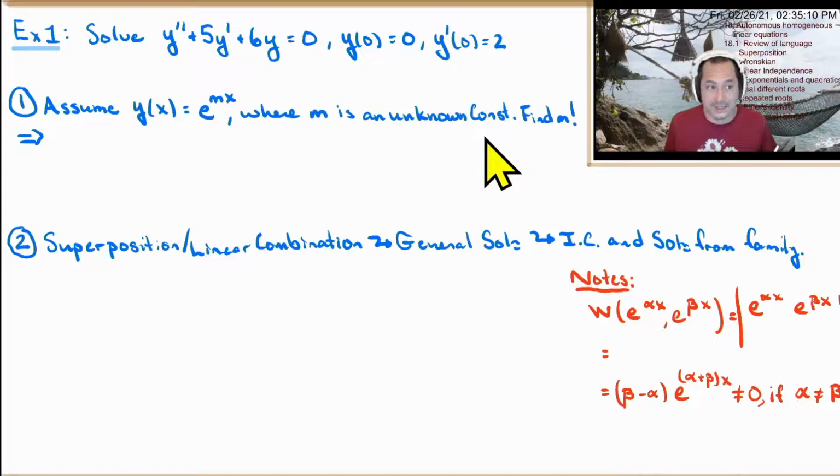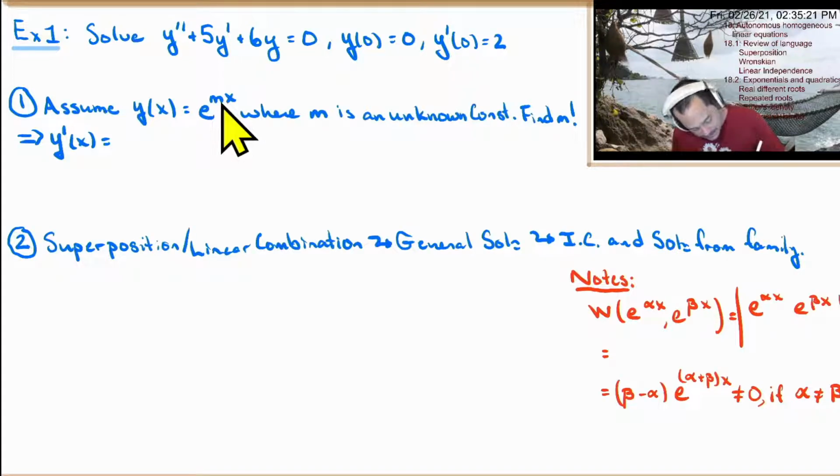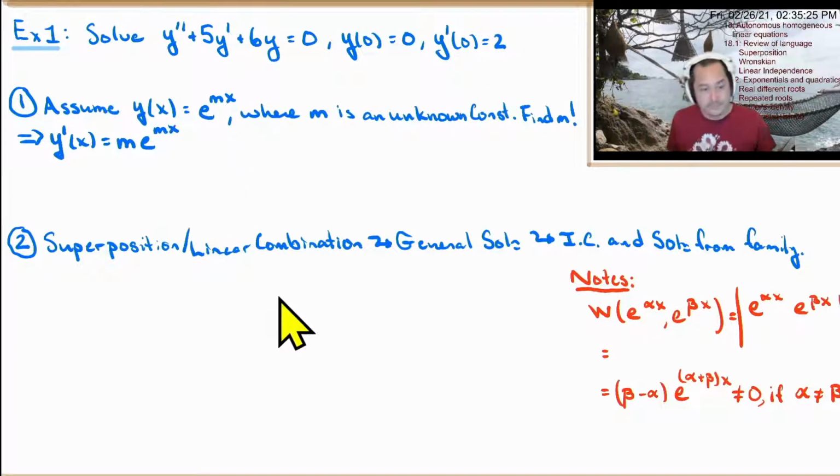And I'm going to be right here, so that's good. But if that's my structure for my function, what's the derivative of e to the mx, where m is an unknown constant? It's going to be m e to the mx.